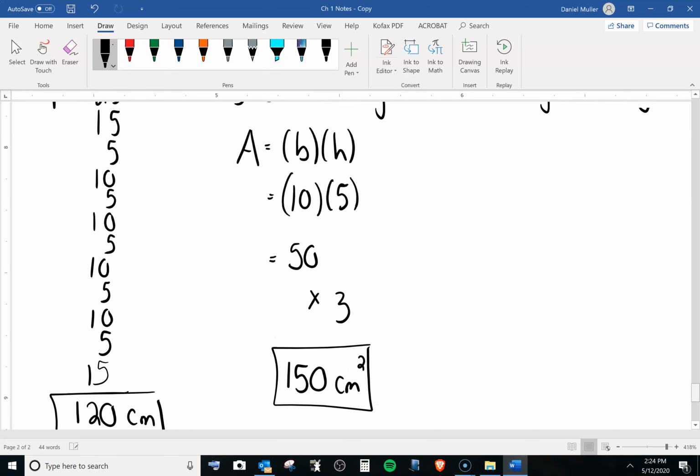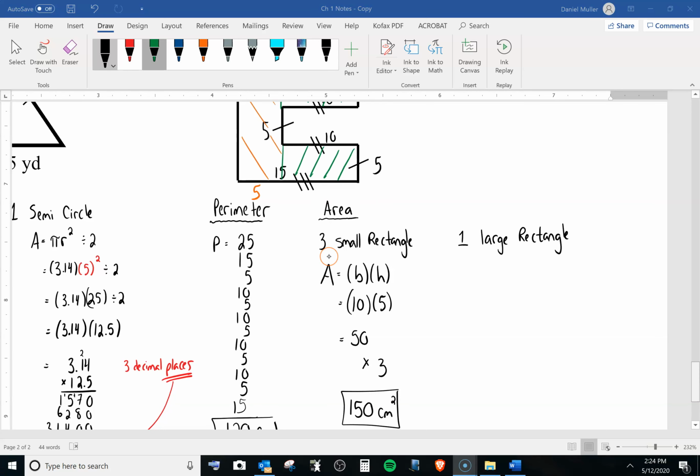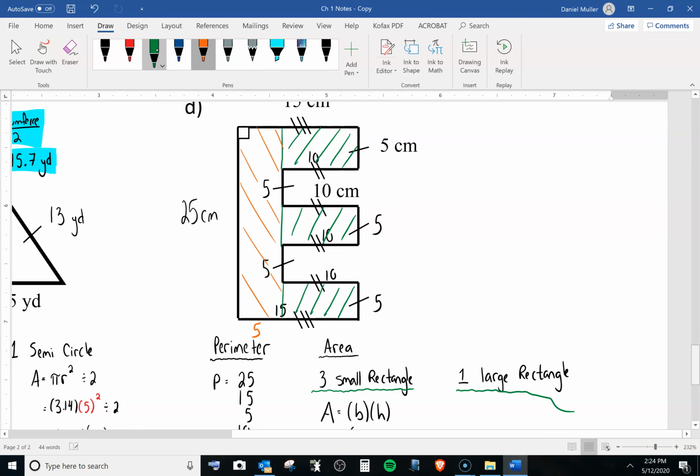So these were the 3 small rectangles that I did. And now I'll do the 1 large rectangle, which I'm trying to do in orange here, but there we go.